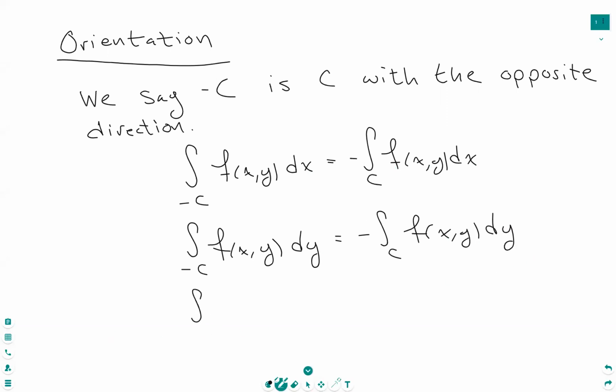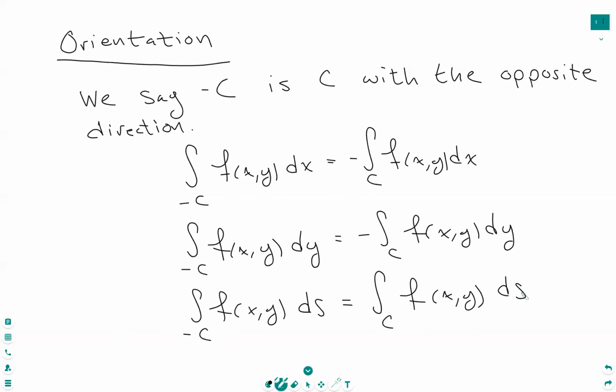And finally, if I go with the line integral over negative C of f of x and y ds, then I end up with the positive line integral over C of f of x and y ds.